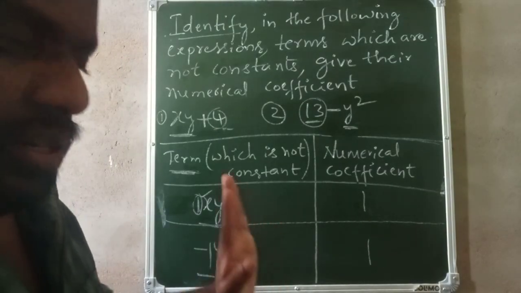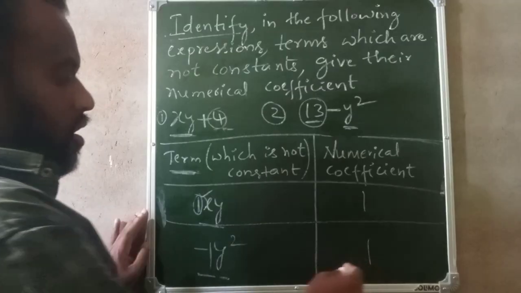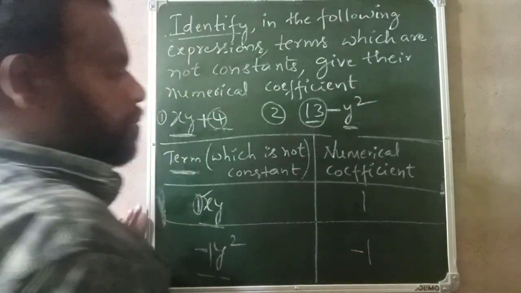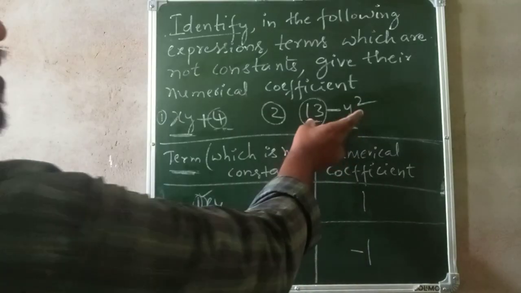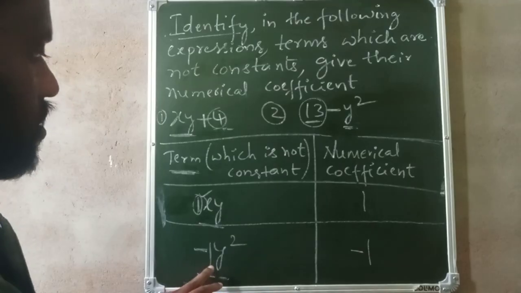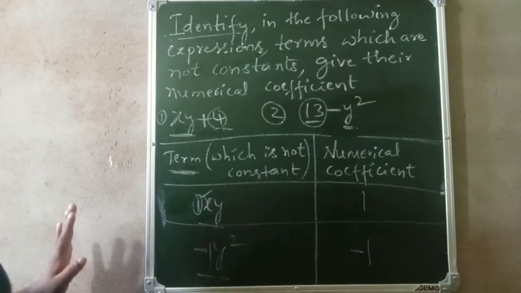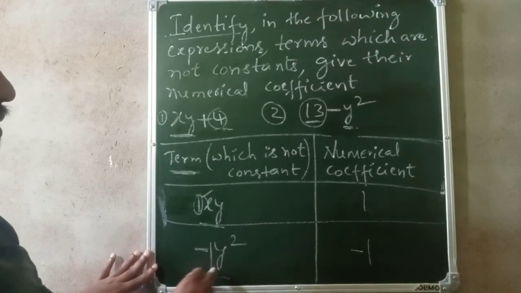But here the point is very important. While writing the numerical coefficient, you have to consider the sign also, minus. So minus 1. Got it, right? So in this second expression, the term which is not constant is minus y square, and the numerical coefficient of this minus y square is minus 1.